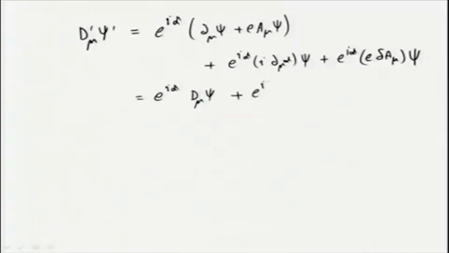So, this is e power i alpha, let me take e also outside, then that will give you delta A mu plus i by e dou mu alpha, times psi.